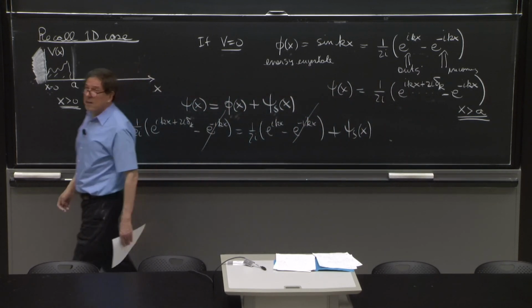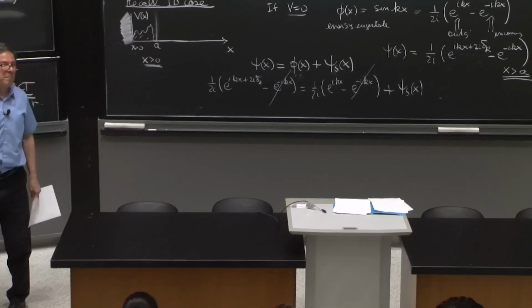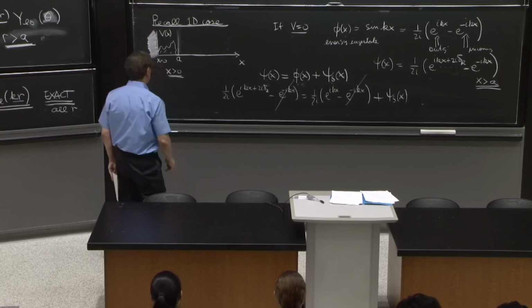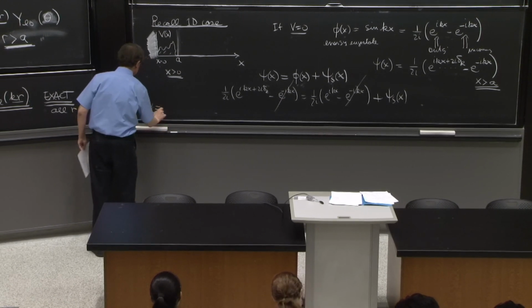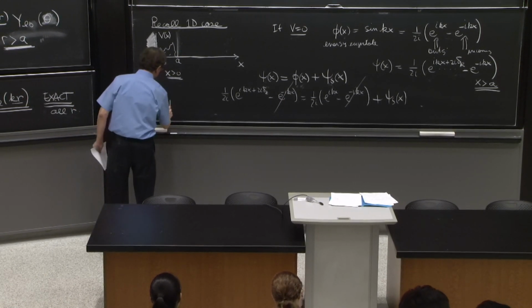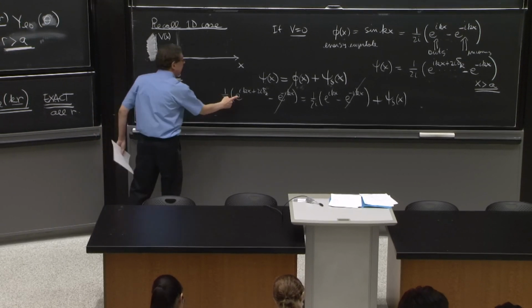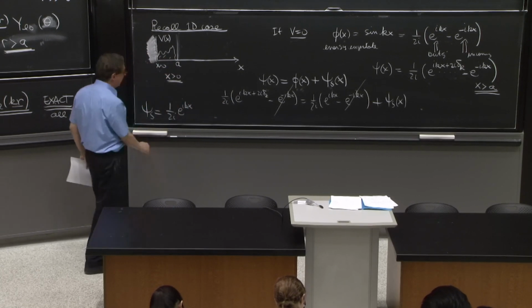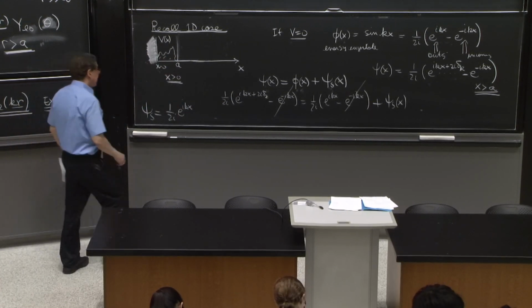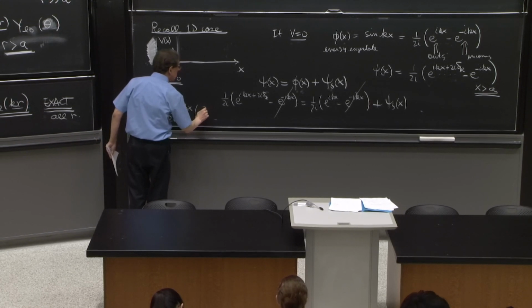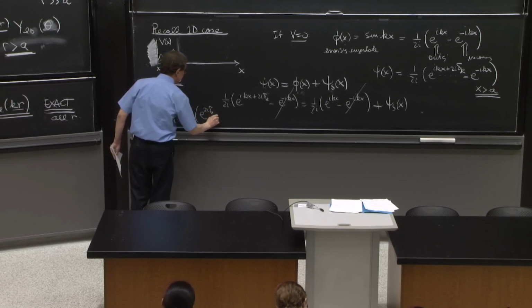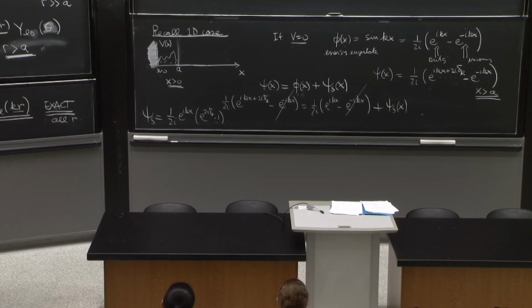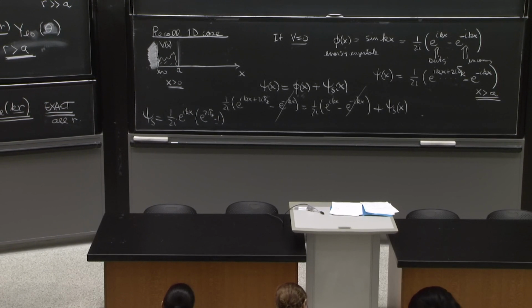It is the fact that the ingoing waves are the same. And then I can subtract the other two to find psi s is equal to 1 over 2I. I can factor the e to the I kx. That tells me it's an outgoing wave. And then I have e to the 2I delta k minus 1. That's a term there. I think I got everything there.